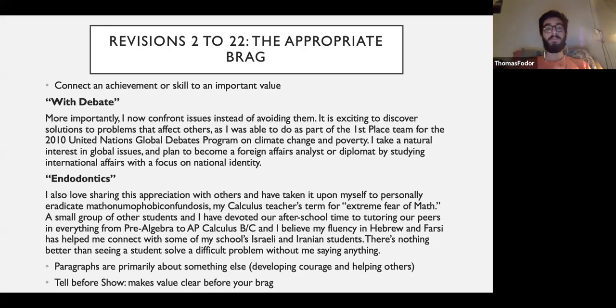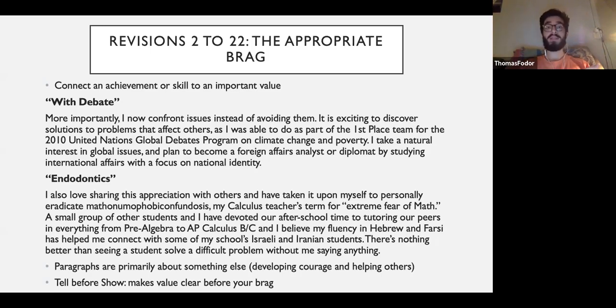The first is that both of these paragraphs are primarily about something else. They aren't about the specific achievements that these people accomplished. So for example, the first paragraph is all about developing courage. And then she includes an outcome of her courage, which is her first place finish.